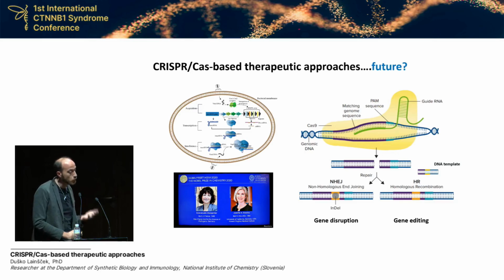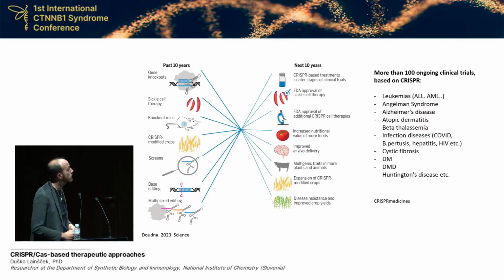But if you want to introduce an exogenous DNA sequence, for instance, here we're talking about treating CTNNB1 syndrome, if you want to introduce a cure for this targeted disease mutation, you co-deliver with the CRISPR-Cas complex also a so-called DNA template, which codes the right or corrected DNA sequence. And then the cell repairs these, again, double-stranded breaks by introducing this DNA template through homologous recombination repair, which results in gene editing, or specifically gene knock-ins.